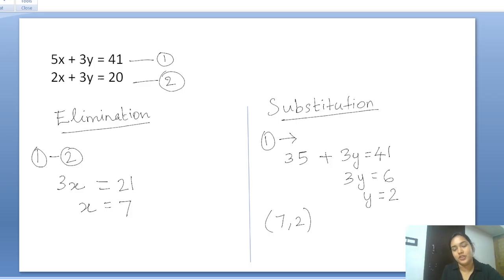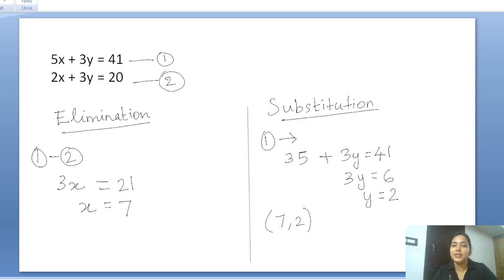Okay, so what you have learned today is simultaneous equations are two or more independent equations that share one or more variables, and they are solved at the same time with a single set of solutions. Okay, and there are two steps in solving the equations. First is elimination and the second one is substitution.